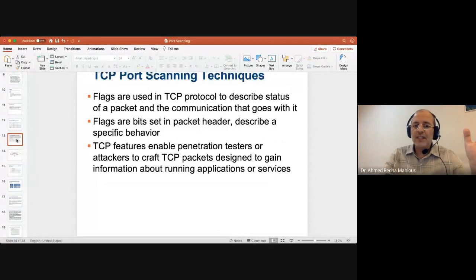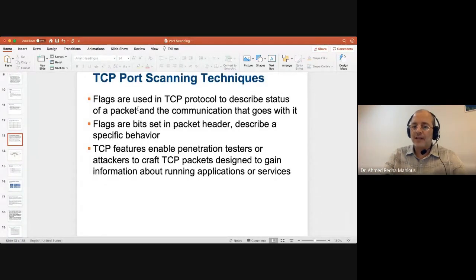Shabab, this is the idea about the flags. The flags are bits, 1 or 0, that you put on the packet header, and they provide specific behavior. When you receive a packet and see that a flag is set to 1 or 0, you can understand the behavior of the communication, whether the port is closed or open, or whether some device is preventing you from accessing that machine.